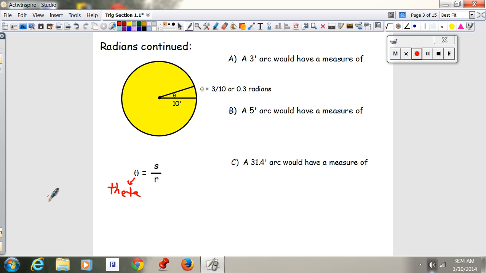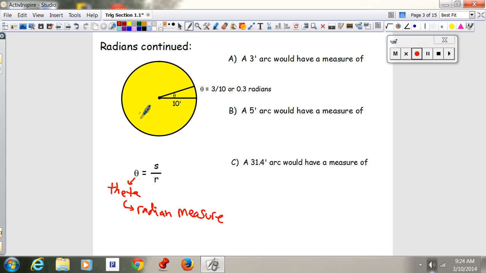So we usually use this to represent radian measure. That's just a common rule of thumb, that you use theta to represent radian angle. If I put an x in there, then I might be looking for degrees. But if I put a theta in there, then I'm probably looking for radians. So this theta represents radian measure.